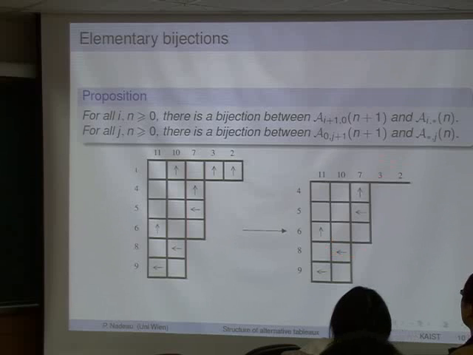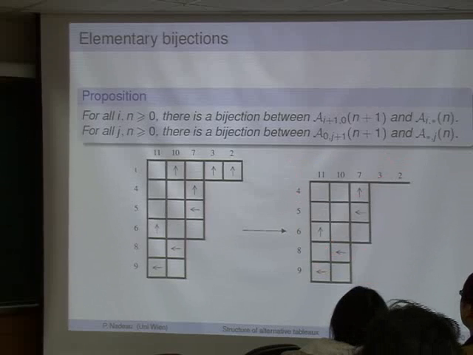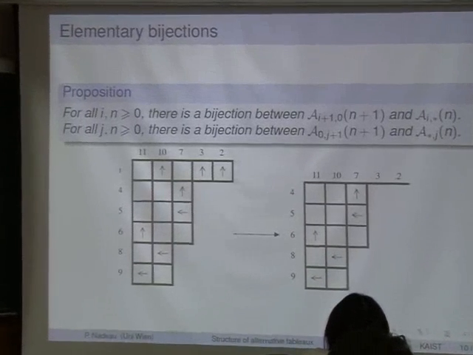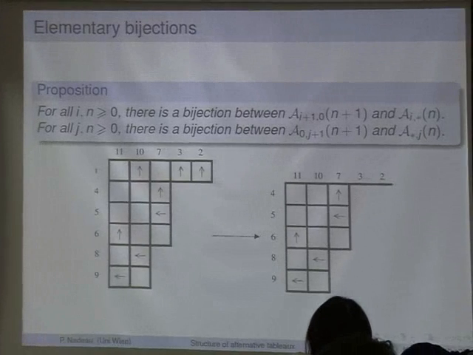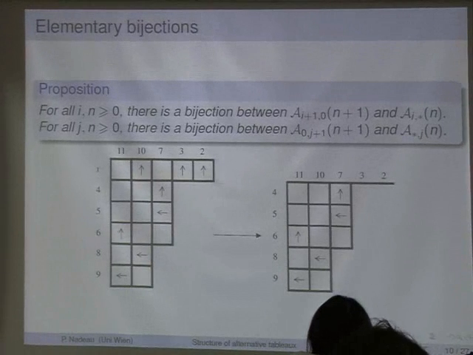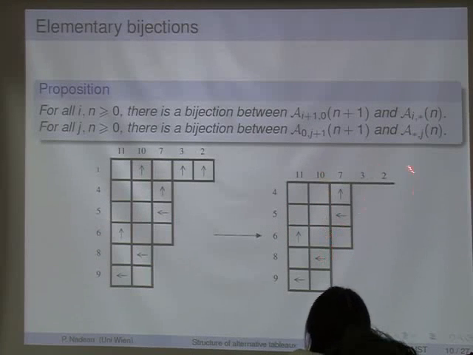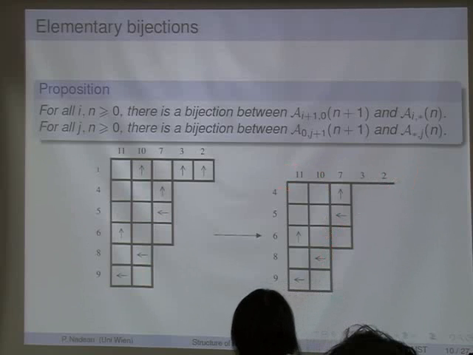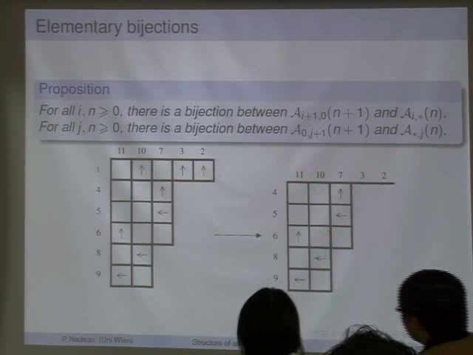The other direction: you take a tableau like this, you just add a first row, and then in every free column you put an up arrow so that it becomes not free. If you look at the columns that would be free, this one, this one, this one, then you put an up arrow in columns 10, 3, and 2, which are the ones here.